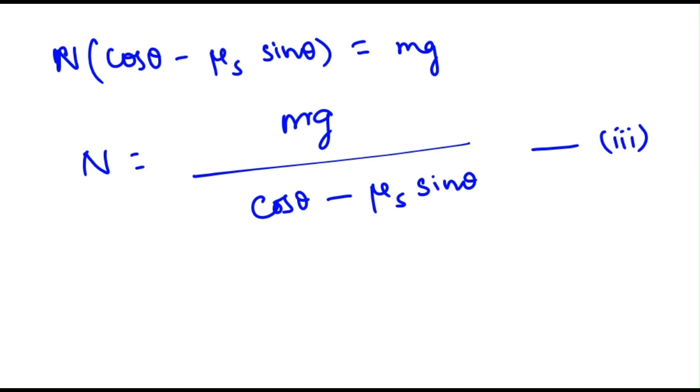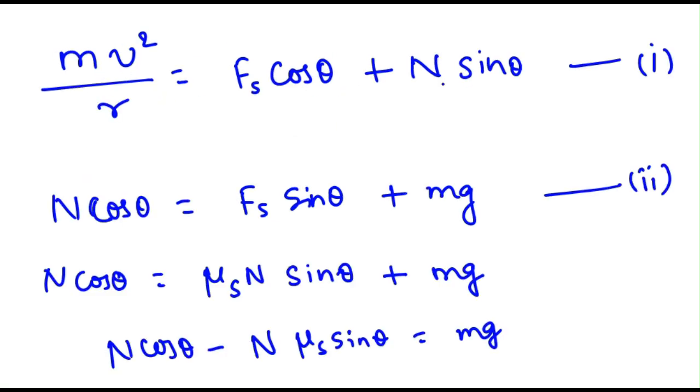Now, if we are putting the value of Fs and the value of N in equation first, then what we are going to get? Now we will get V max as we are putting Fs equals mu s into N. mV max square by R equals Fs cos theta.